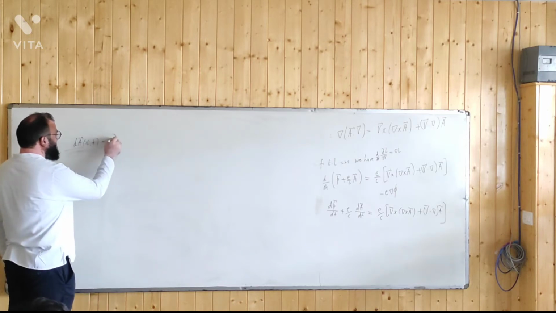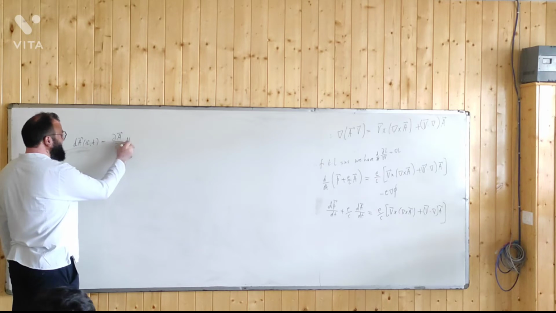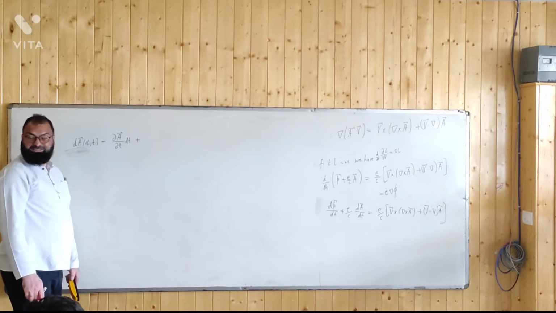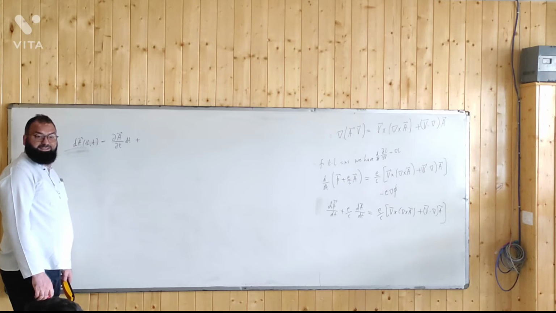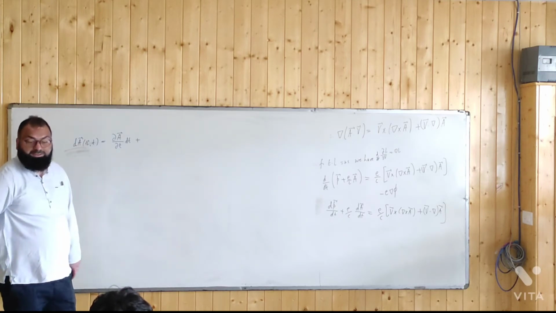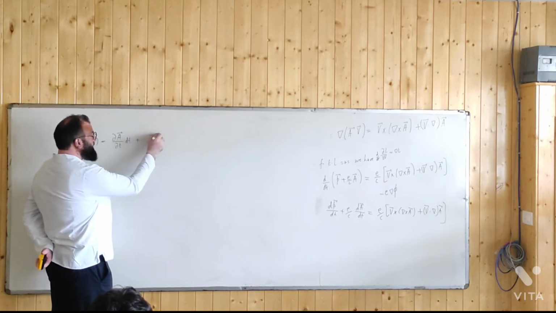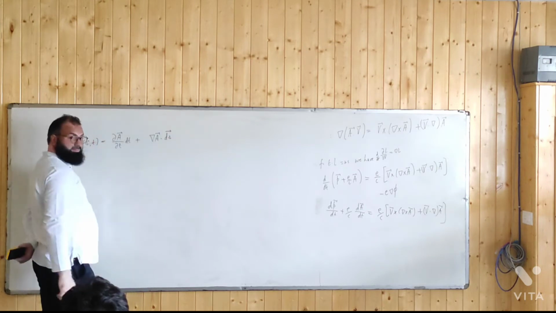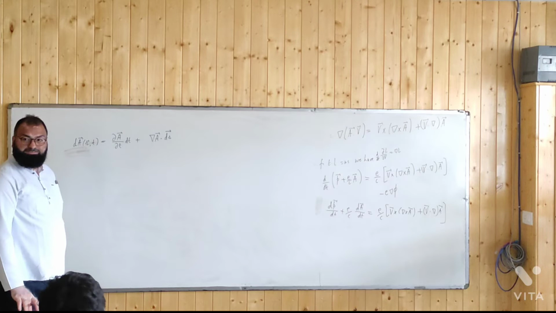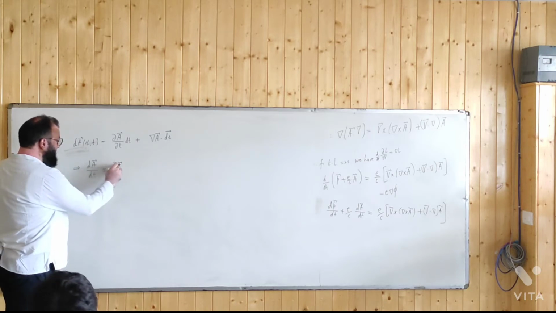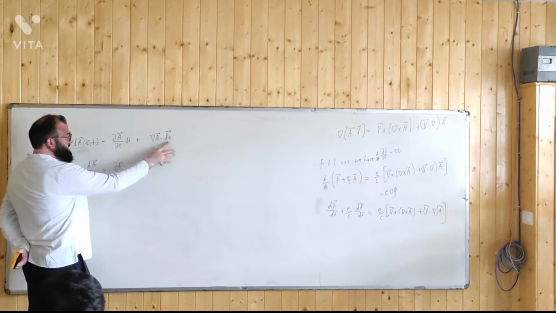Partial A by partial t, plus partial A by partial R, which is the gradient of A. So this implies dA by dt is simply equal to partial A by partial t plus, when you divide by dt, the dt is lost here.